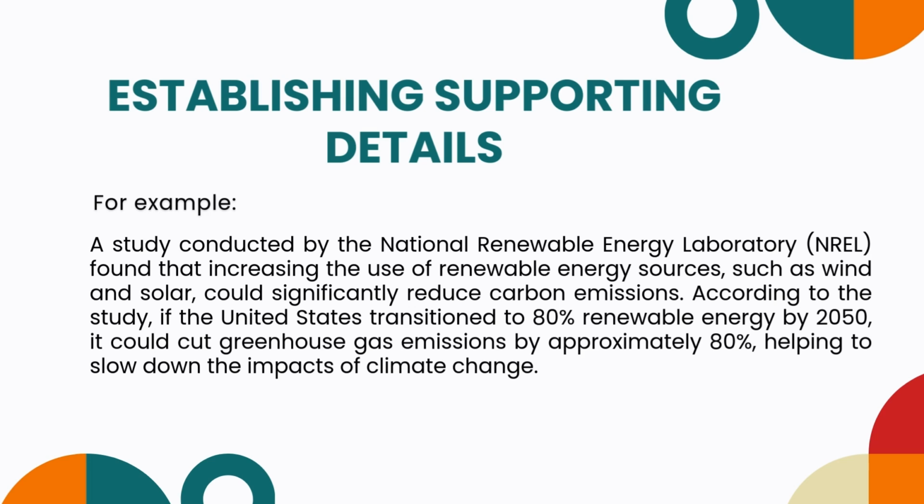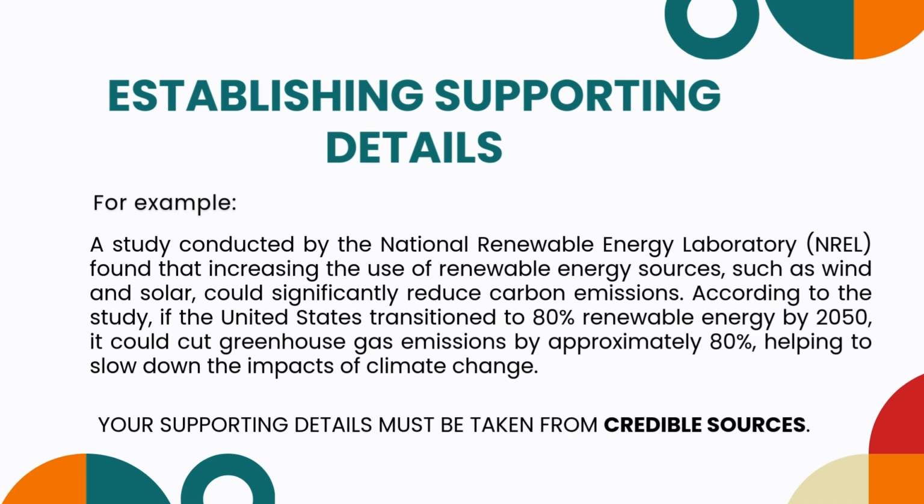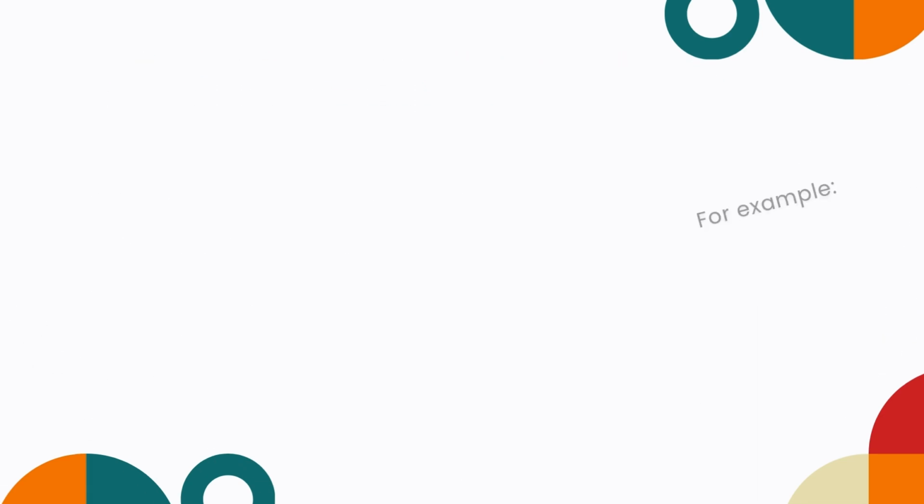According to the study, if the United States transitioned to 80% renewable energy by 2050, it could cut greenhouse gas emissions by approximately 80%, helping to slow down the impact of climate change. Your supporting details must be taken from credible sources.